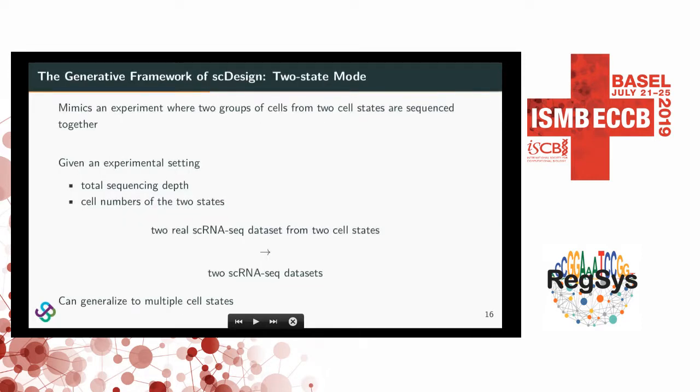Okay, then we generalize this idea to the two-state mode. In the two-state mode, we will vary the cell numbers of the 2 states, but we'll still fix the total sequencing depth. So the output will be 2 single-cell RNA-seq data sets, and the idea can be generalized to multiple cell states.